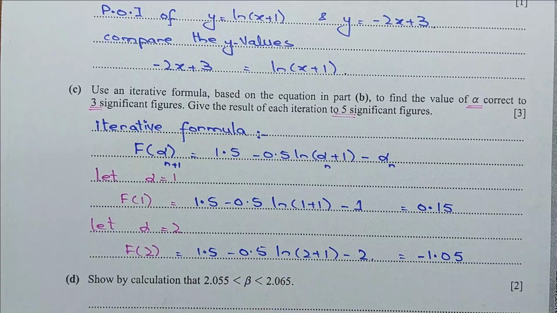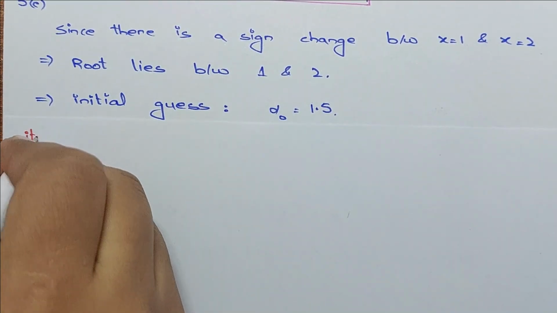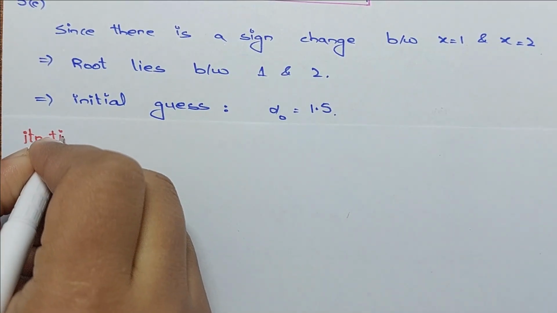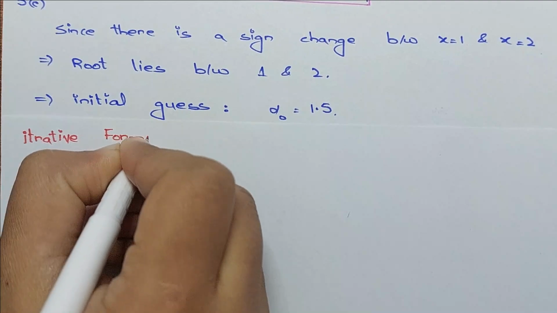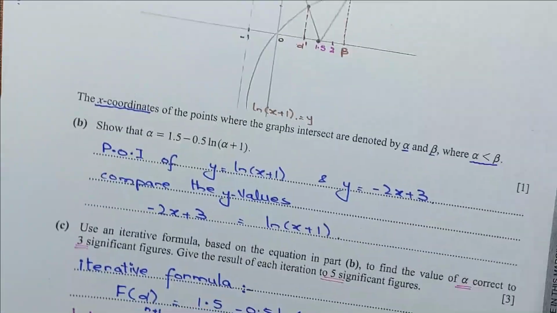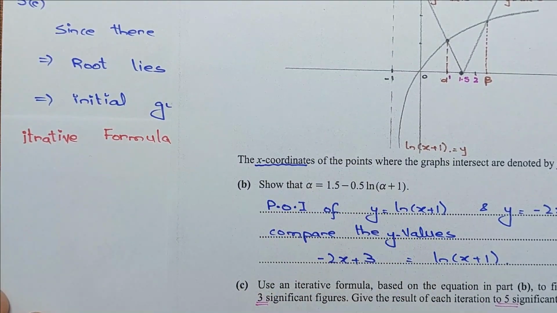Now the actual iterative formula which we have to use to find the value of alpha is the same that we have given: this is alpha n plus 1, and this would be equal to alpha n.